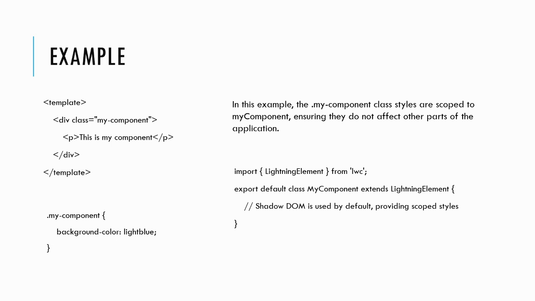Whatever we define inside this my component CSS will remain inside this div container. So this is how scope CSS works. It ensures that whatever CSS you apply will be applied only to this particular my component class. If there are multiple components outside this div with other paragraph tags, it will not impact those other tags or data containers. So we can achieve encapsulation and isolation in the form of scope CSS.